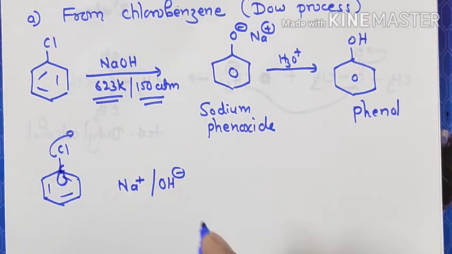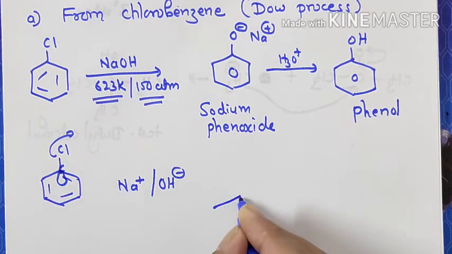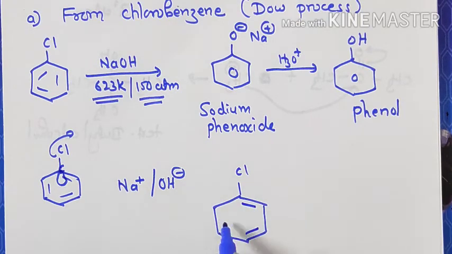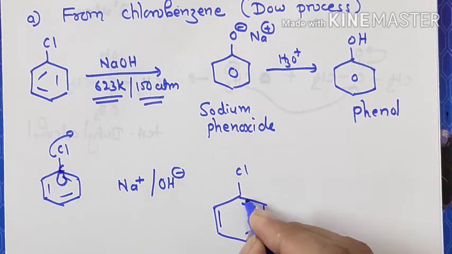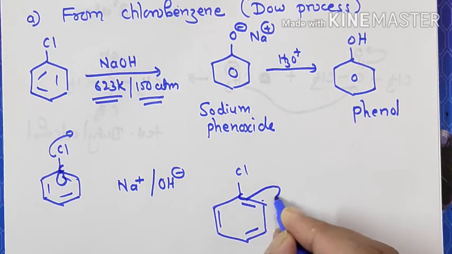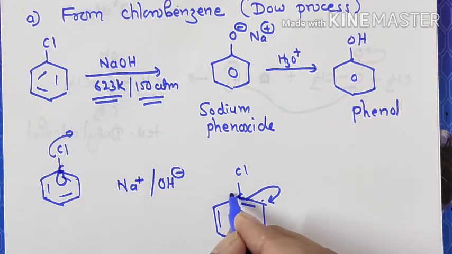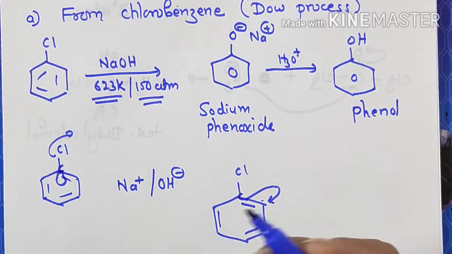Let's see what happens under this condition. Suppose this is chlorine. The carbon-carbon pi bond breaks and this electron comes over here. Why does it happen?